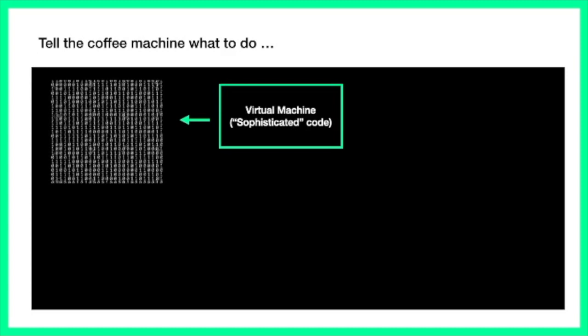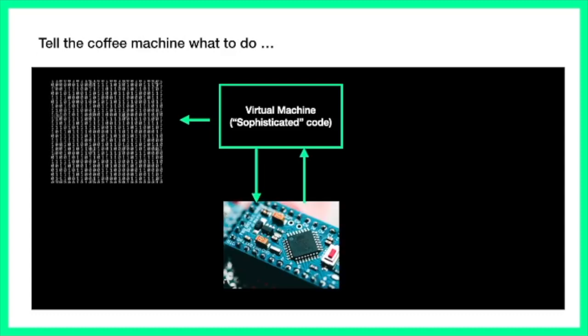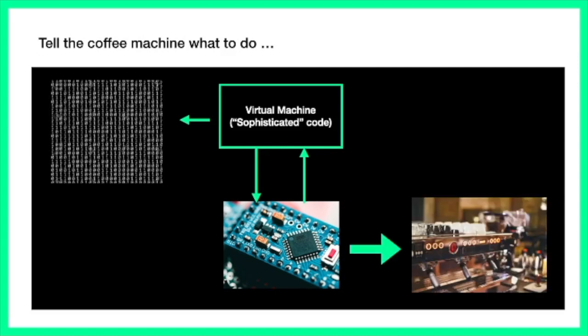What it does is it reads in the binary code, it understands what we wanted to do, and from there it tries to communicate with the electronics hardware of the coffee machine to control the coffee machine according to our instructions.